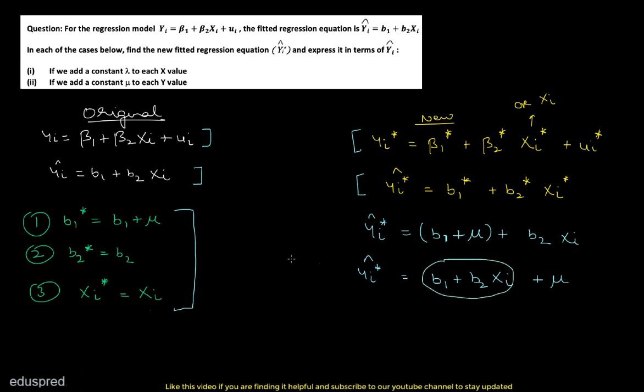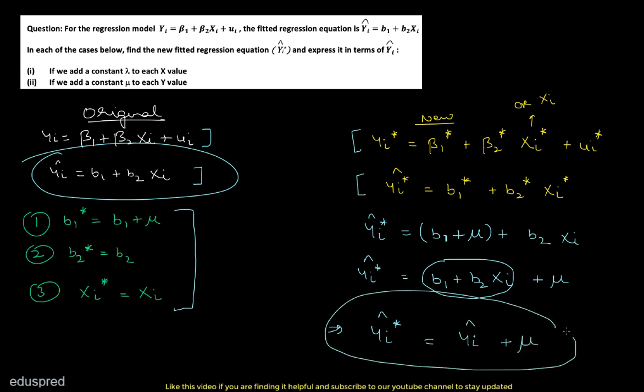This is nothing but yi hat. So this implies yi star hat is equal to yi hat plus mu. So this is the relationship between your yi star hat and your yi hat, and this is what we had to do. So this is all for this question.